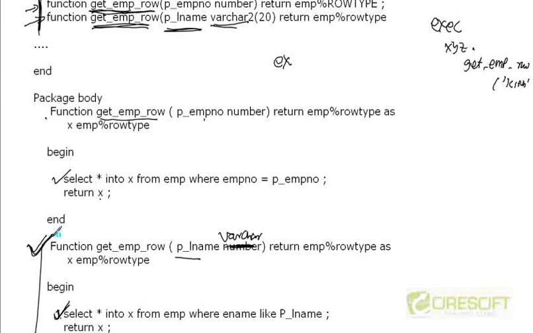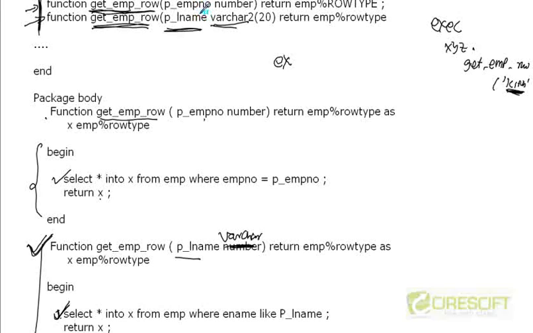So basically the execution will happen at runtime based on what kind of parameters I am sending. If I am sending a number parameter inside get_emp_row, then the first function is going to be executed. Essentially, we are overloading get_emp_row. We make sure that we send different types of formal parameters.